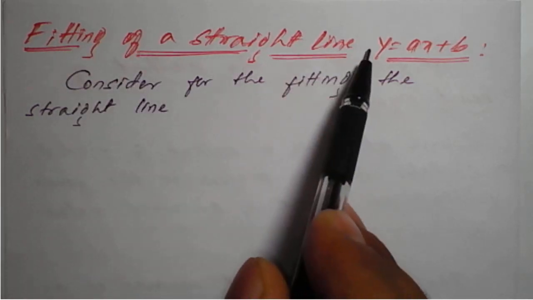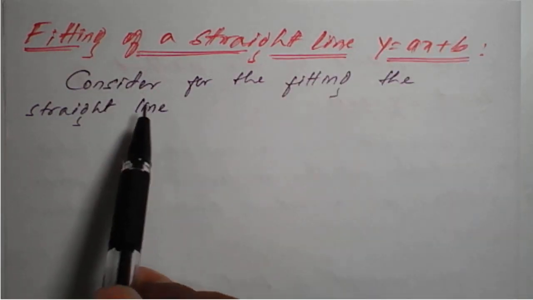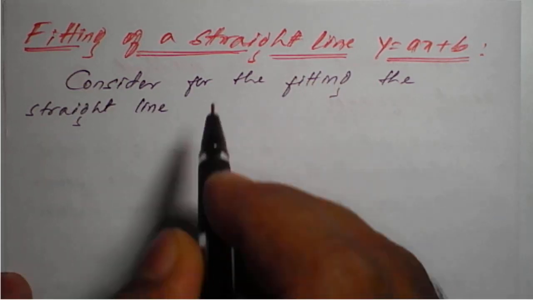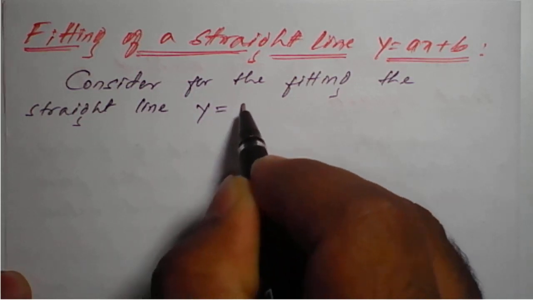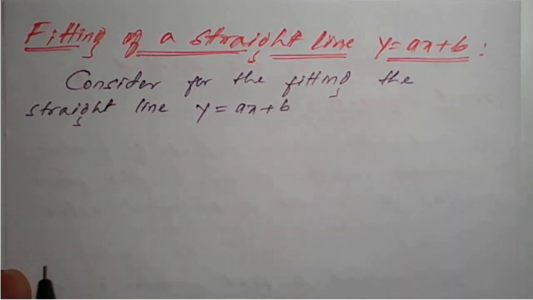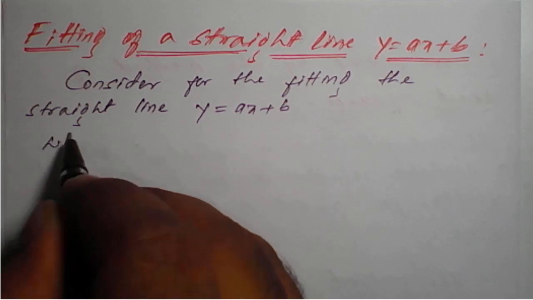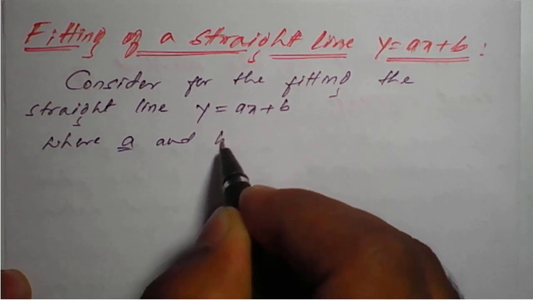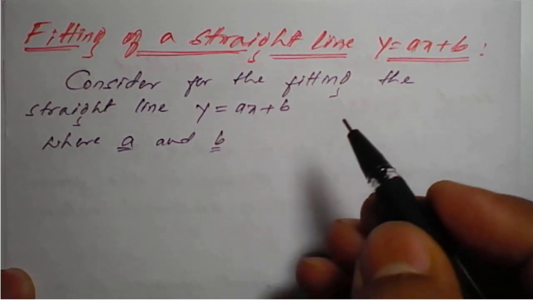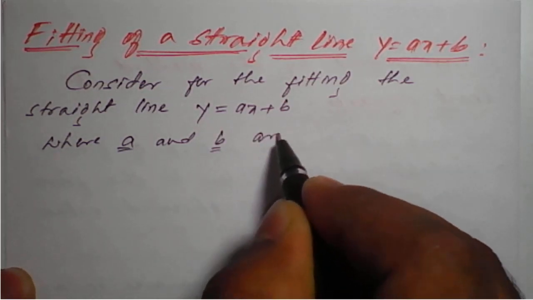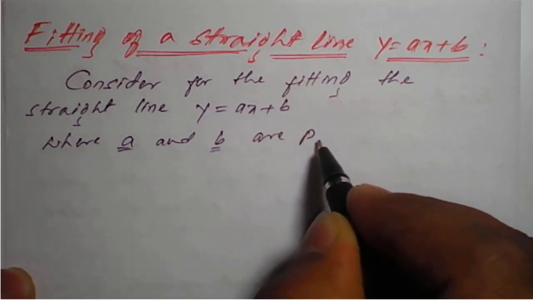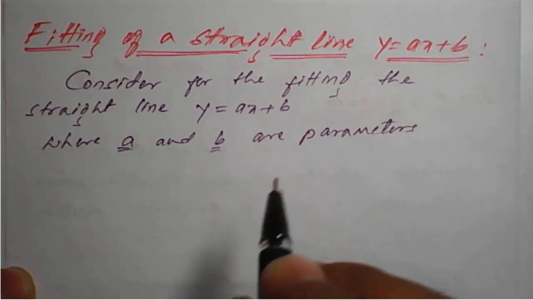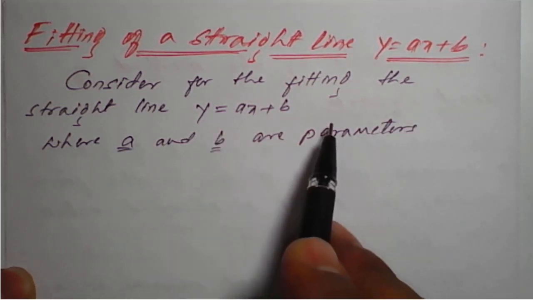Fitting of a straight line, y is equal to ax plus b. Consider for the fitting the straight line y is equal to ax plus b, where a and b are parameters to be determined here.